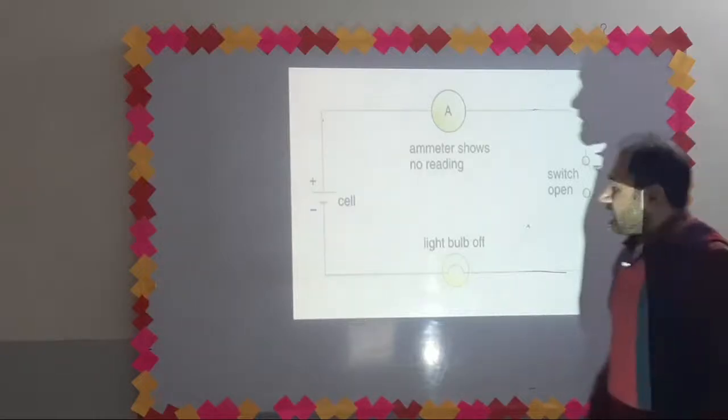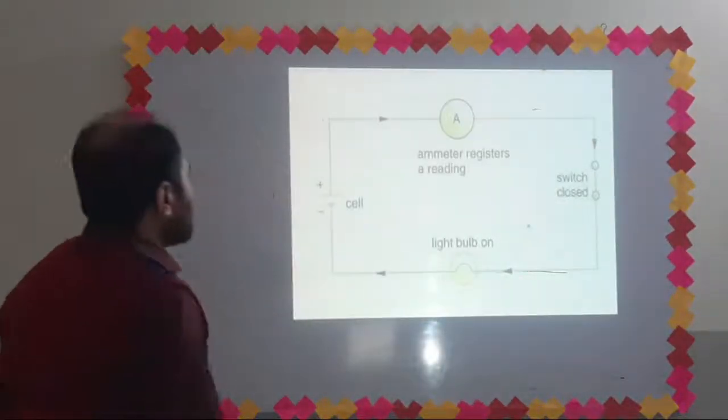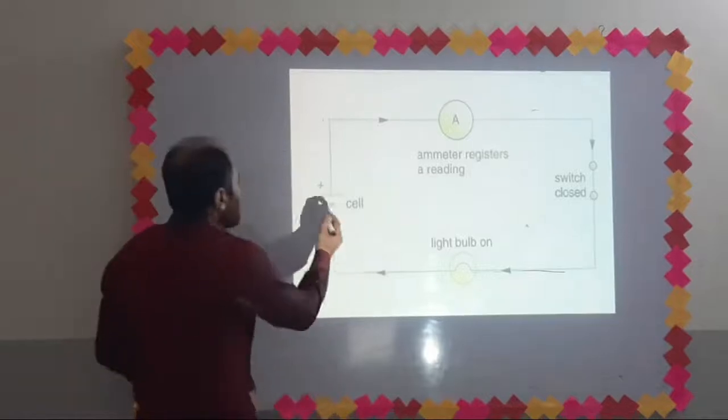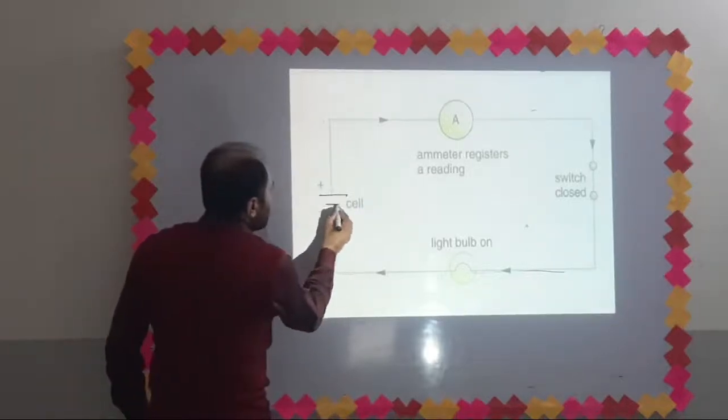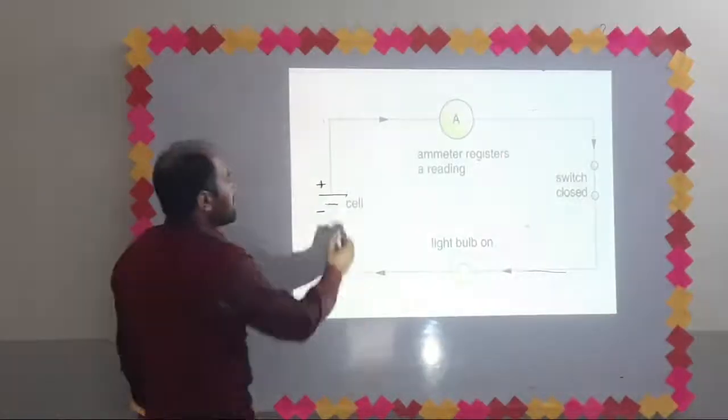This is an open circuit. Now we are going to study the closed circuit. Have a look. This is the battery cell, the positive terminal, and this is the negative terminal.